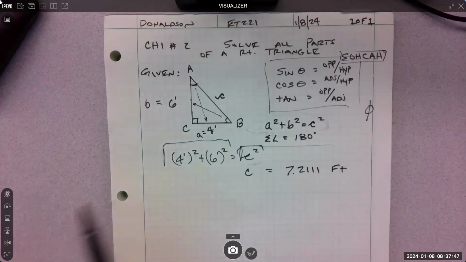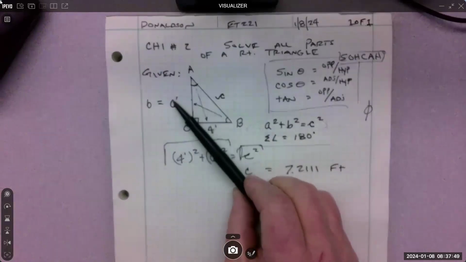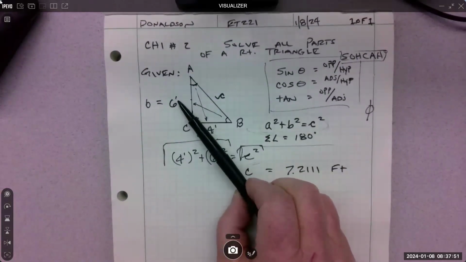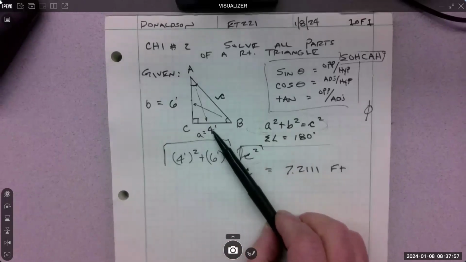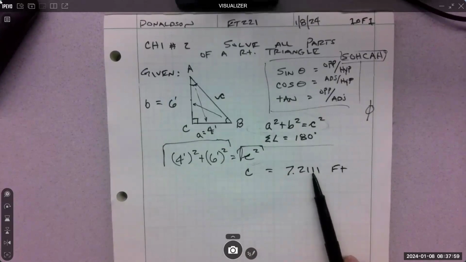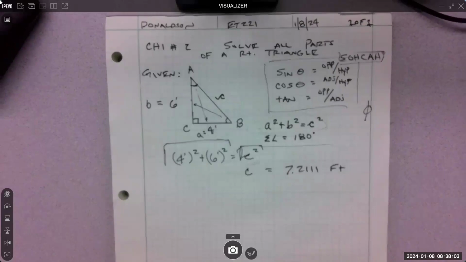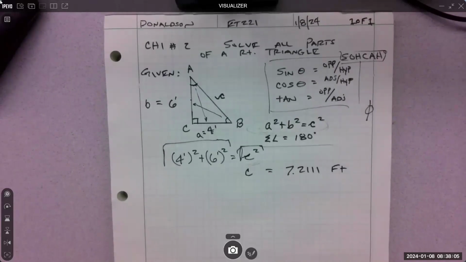If 6 feet is accurate to thousands, 6.000, then it's accurate to thousands, right? And if this is accurate to thousands, then that is accurate to thousands. So we cannot be more accurate than the information given to us.